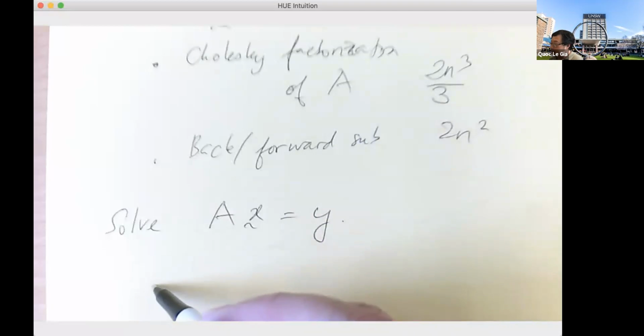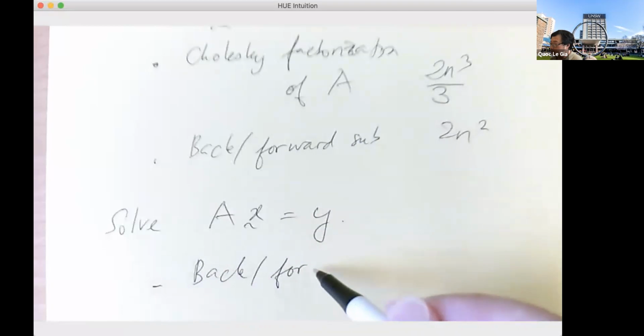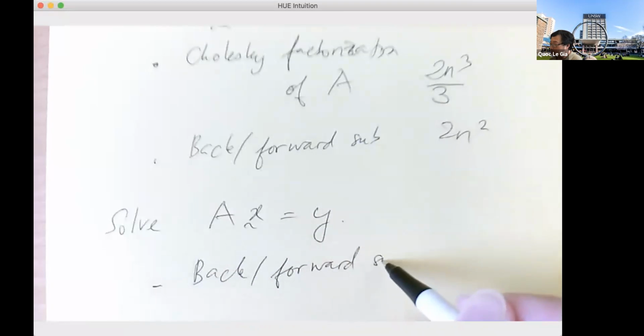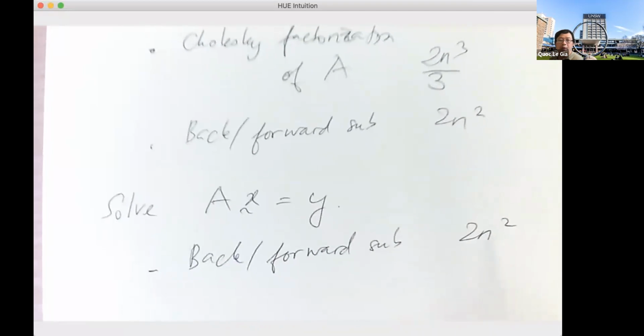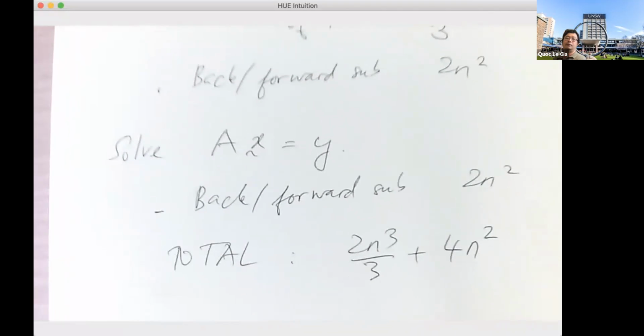That's why you need only back substitution and forward substitution, and this takes you 2n squared. So the total in this case is n cubed over 3 plus 4n squared.